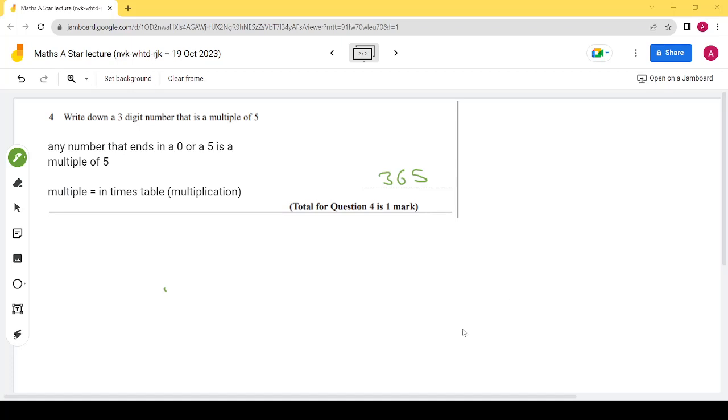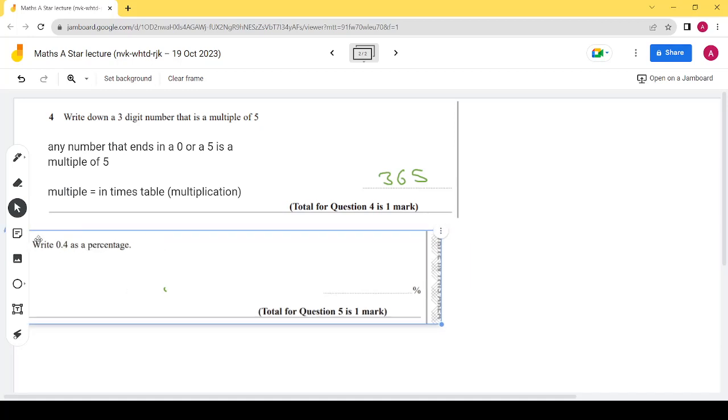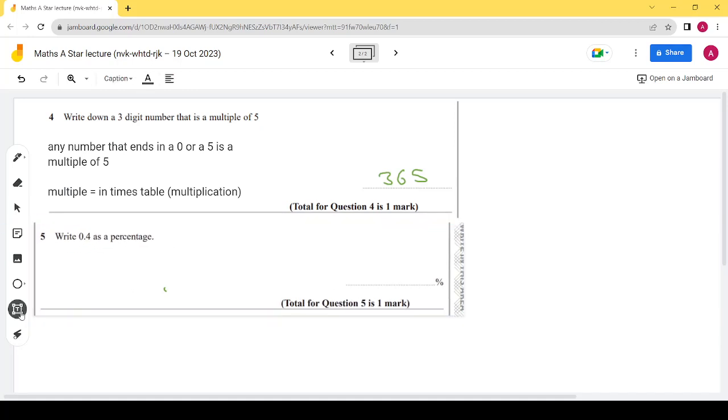So next we have just got a question of write 0.4 as a percentage. And so here, just remember, decimal to percentage equals times 100. You do actually have a calculator.